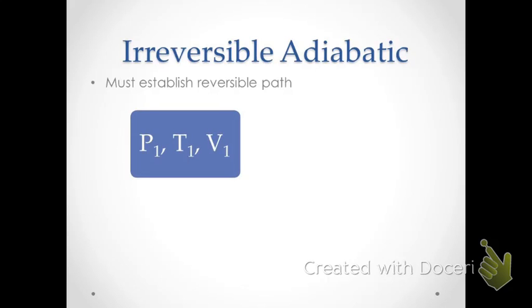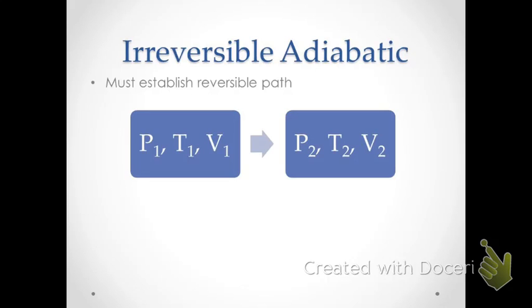So in this case, we'll talk about just a very simple process. In the irreversible adiabatic process, we go from initial pressure, temperature, and volume to a final pressure, temperature, and volume. All three will change during the irreversible adiabatic process. So we will then devise a reversible set of steps to get us from the first state to the final state.